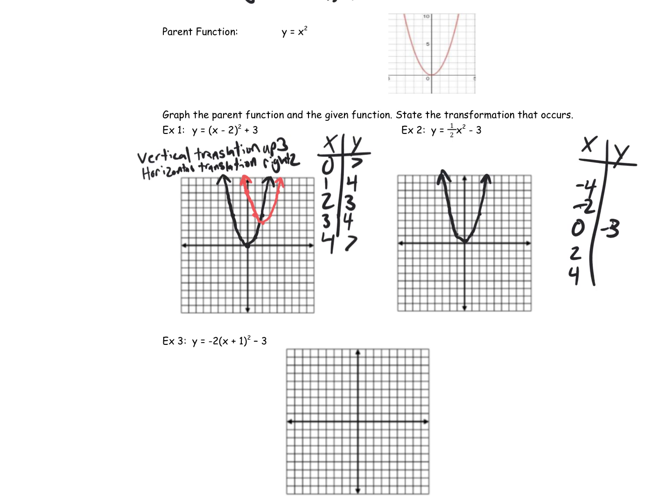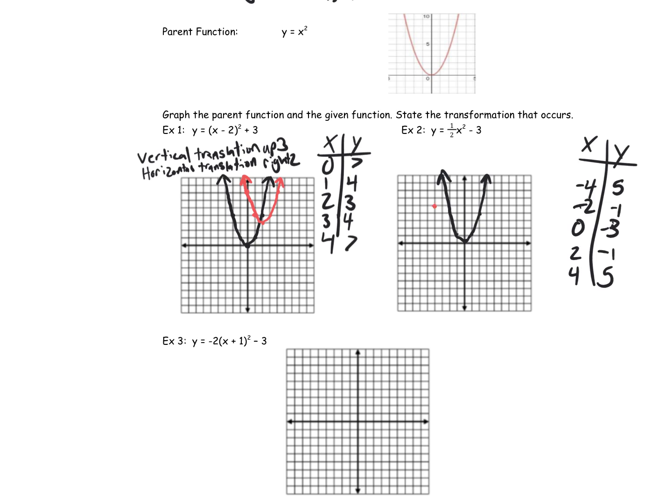We'll start with negative 4. Negative 4 squared is 16. Half of 16 is 8, and 8 minus 3 is 5. Then we'll run negative 2 through the function. Negative 2 squared is 4. Half of 4 is 2, and 2 minus 3 is negative 1. And then those would mirror. So you can place negative 4, 5: 1, 2, 3, 4, up 5.